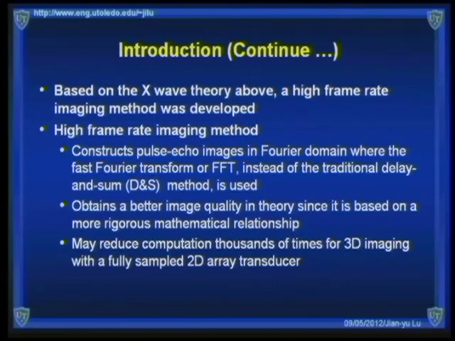Based on the X wave theory above, we developed a high frame rate imaging method. What is the high frame rate imaging method? It constructs pulse echo images in the Fourier domain, where the fast Fourier transform can be used instead of the traditional delay-and-sum algorithm. It also obtains better image quality in theory, since it's based on a more rigorous mathematical relationship.